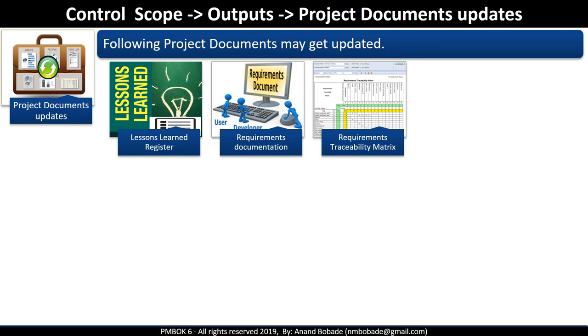If there is a change in the scope and change request is raised, after approval, the scope baseline, which includes project scope statement, WBS and WBS dictionary, will be updated. However, if a scope change is big, then even the requirements documentation, based upon which deliverables and work packages are derived, needs to be changed. In this case, the requirement documentation will be updated.